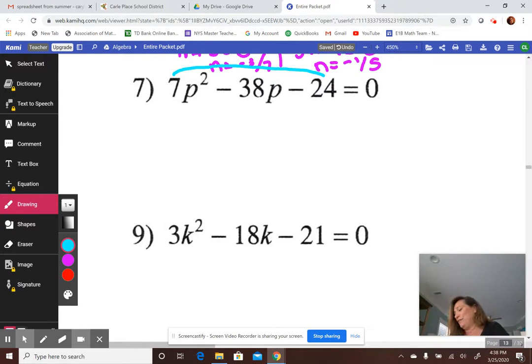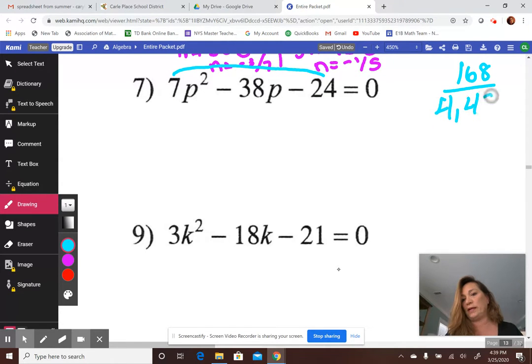7 times 24 is 168. Okay. Factors of 168. So I'm going to use my y equals again because that's a pretty big number. All right, so I've got 1 and 168, 2 and 84, 3 and 56, 4 and 32, 4 and 42.